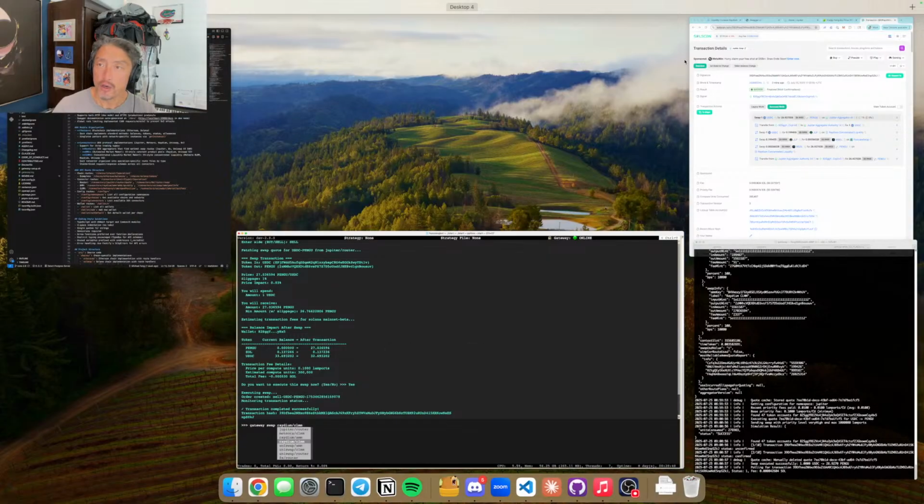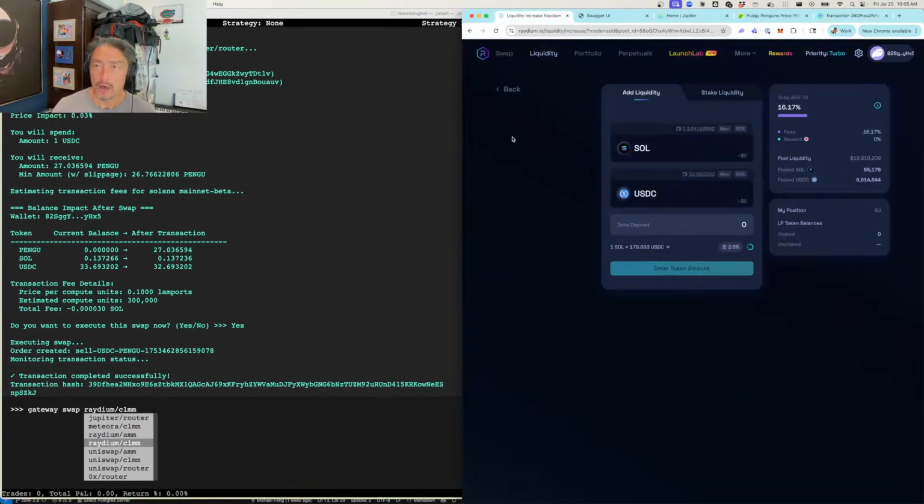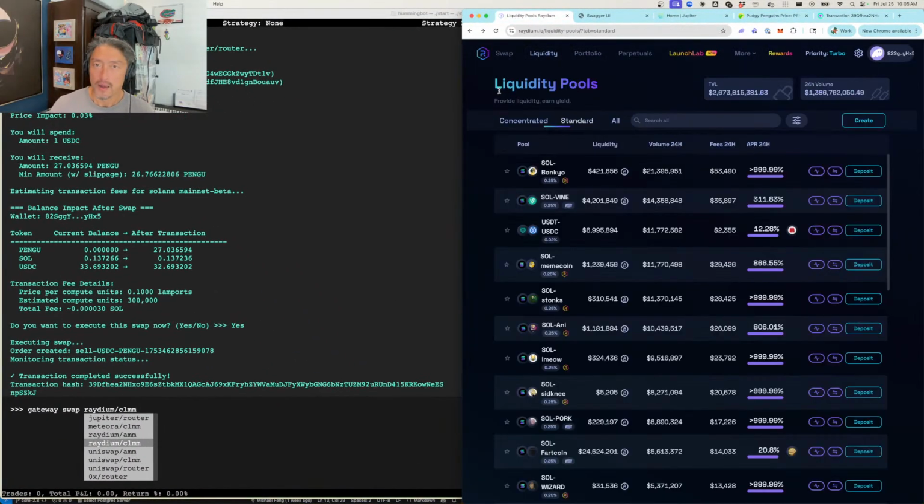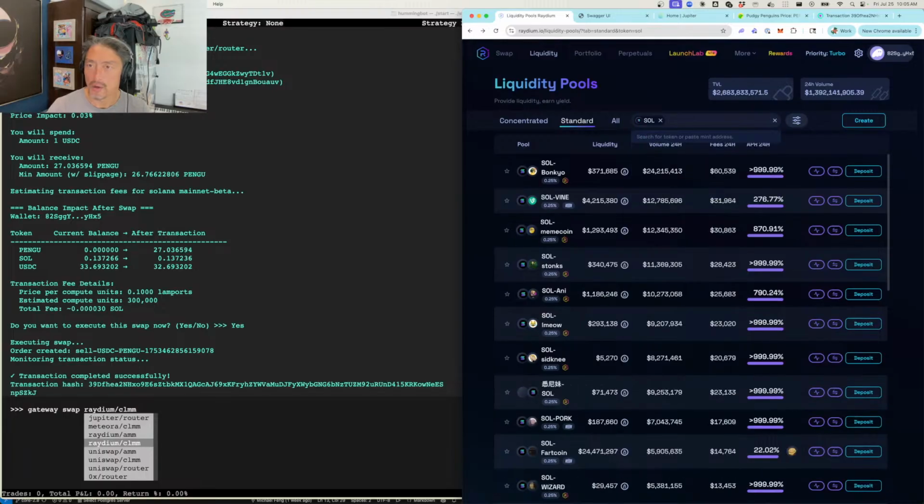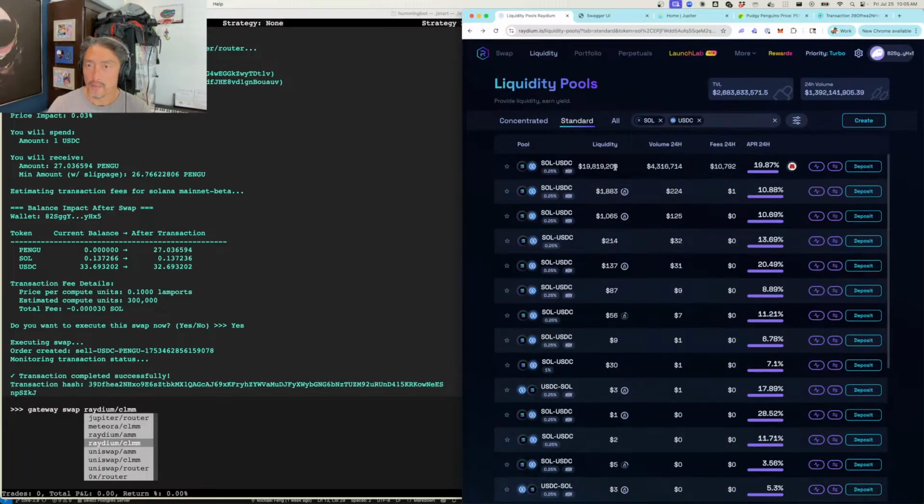And we saw that earlier when we were looking here at Raydium, because we can find a SOL-USDC pool here. So this pool has 19 million of liquidity.